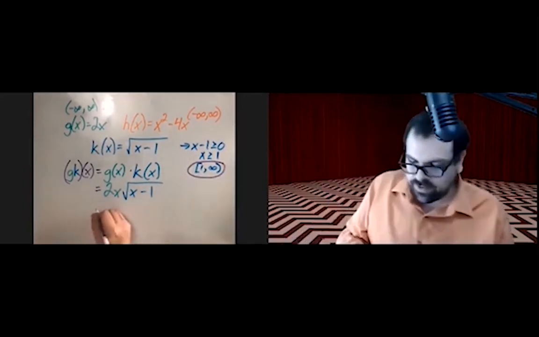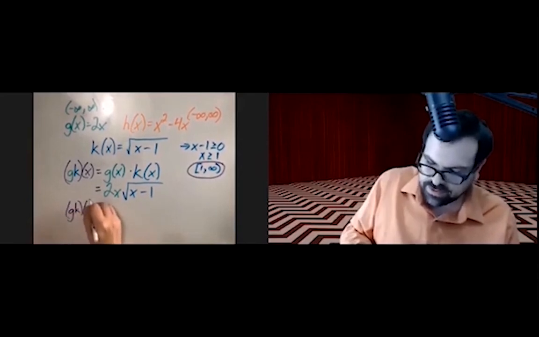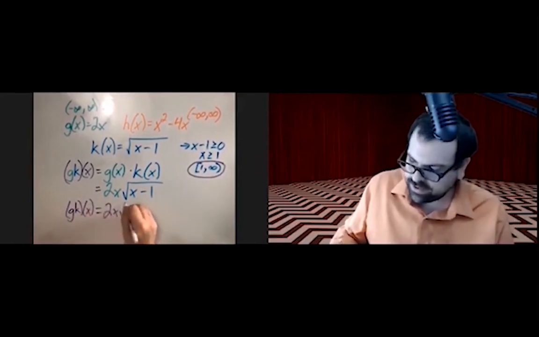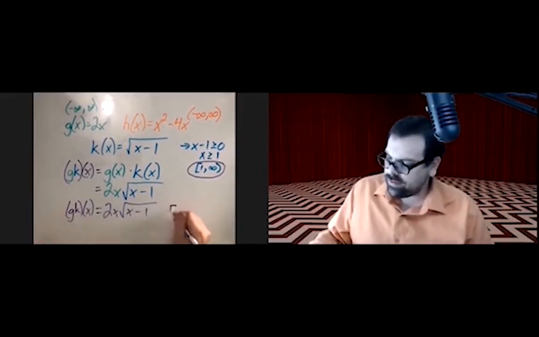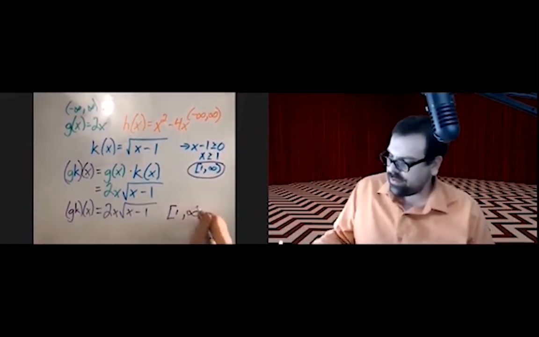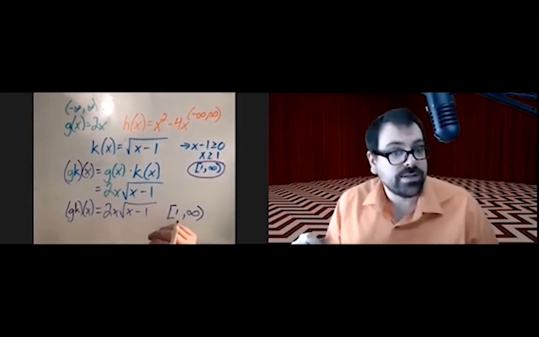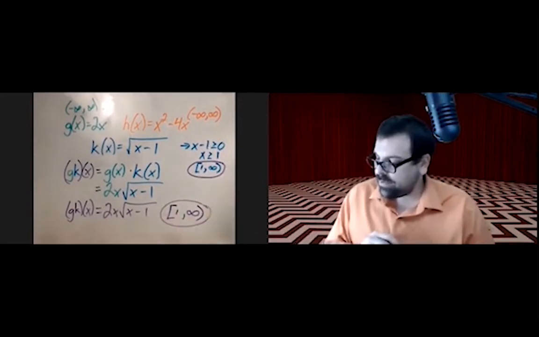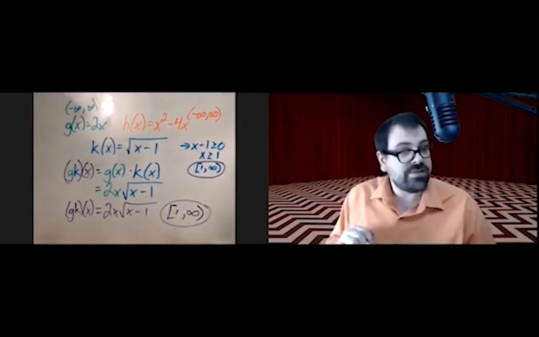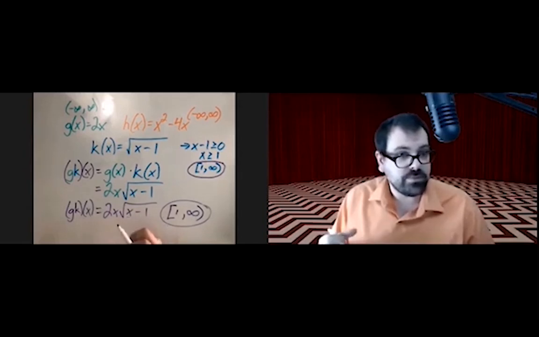So the domain for this function, our final answer of 2x radical x minus 1, is this. And that's saying that the function is only defined for these values of x, for x in that interval. Anything else would be undefined.